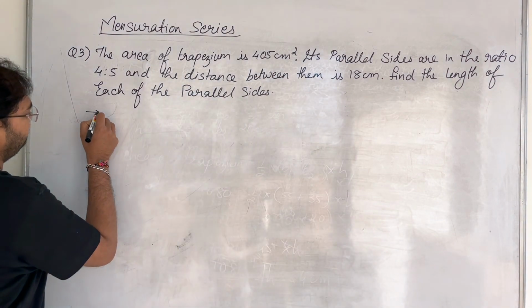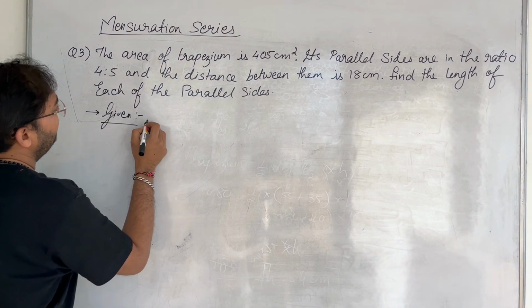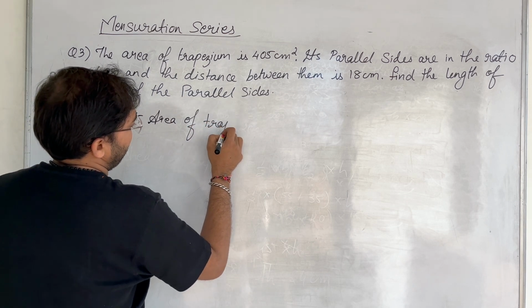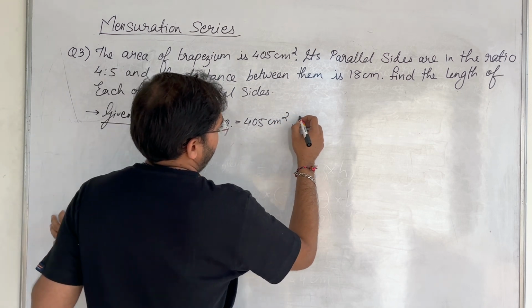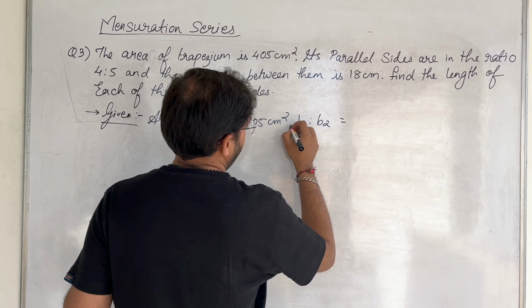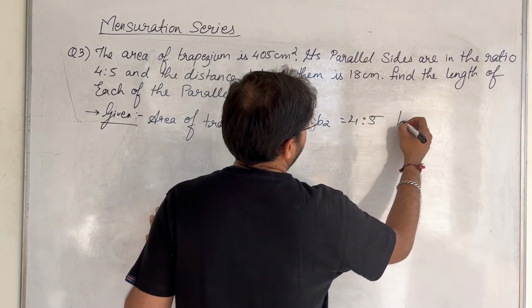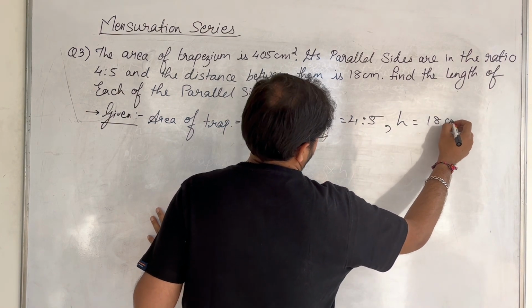So the first step: the given data, if I write it over here, then we have the area of the trapezium, which is 405 centimeter square. Then B1 and B2 are given in the ratio 4:5, and the height is given to us, that is 18 centimeter.